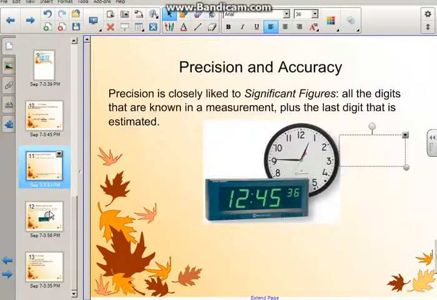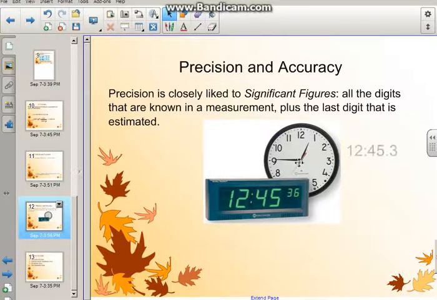Now, when we talk about precision, we link it to what we call significant figures. And significant figures are all the digits that are known in a measurement plus the last digit that is estimated. So it's basically how good your measuring instrument is. The more significant figures you have, the better your measuring instrument is. So let's look at this analog clock here that tells us it's 12:45. We know for sure it reads 12:45.